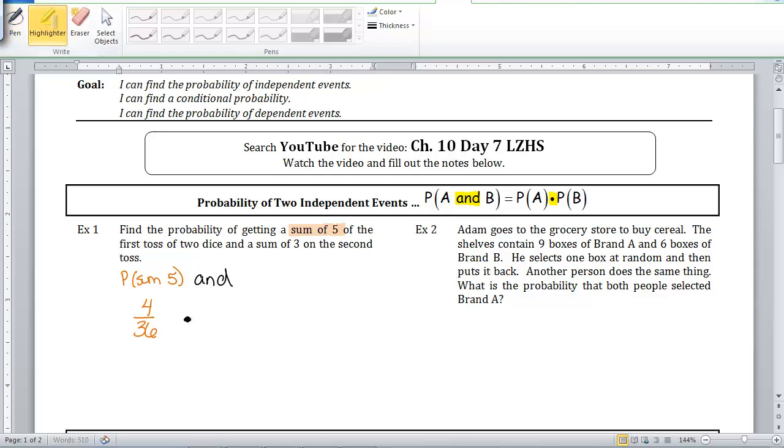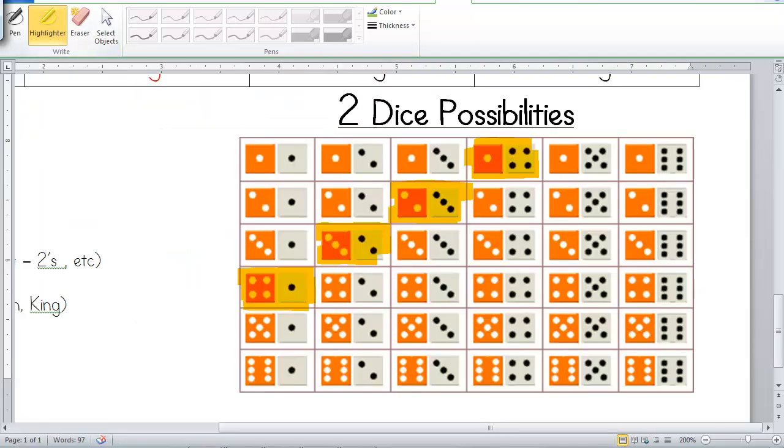So now let's find the probability of getting the sum of 3. I would get a 3 whenever I rolled a 1 and a 2. This happens 2 times out of the total 36.